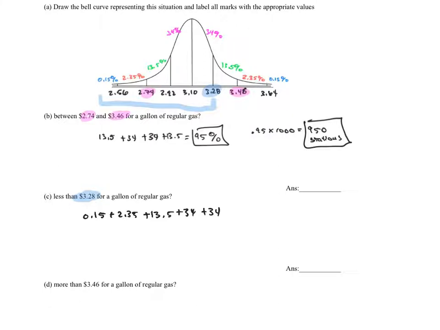That's all the percentages from the very bottom all the way up to $3.28. Add those together now. Let's see what you're getting. I'm getting a total of 84%. Or if we did 0.84 times 1,000, we would have 840 stations. So depending on which one they wanted, there's the percentage and there's the quantity.